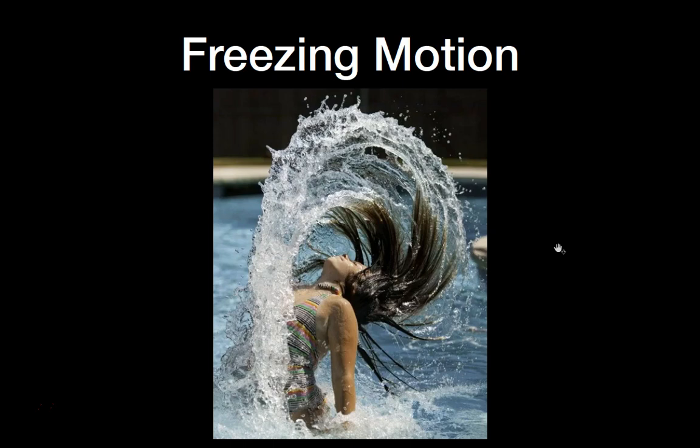Cars going fast at an intersection that don't look like they're parked. People jumping, which is really hard to do, to time both the shutter and people jumping. So think about that when you're thinking about freezing motion.